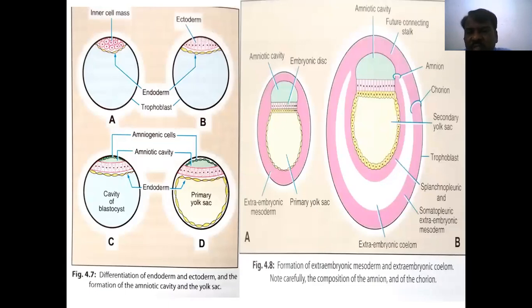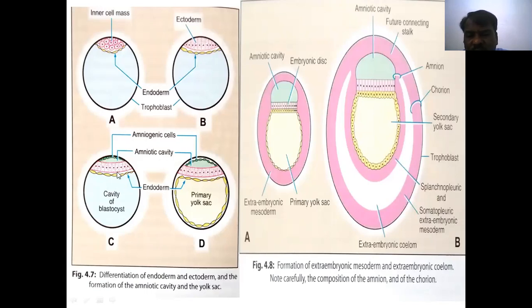In the inner cell mass, towards the blastocyst cavity, the cells become flattened, whereas the remaining cells become columnar cells. The columnar cells form the ectoderm. The flattened cells form the endoderm.